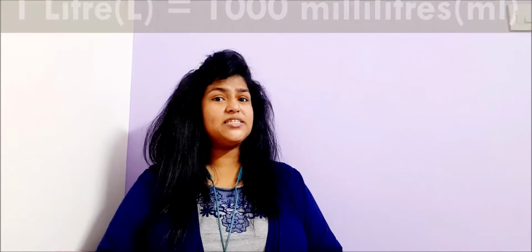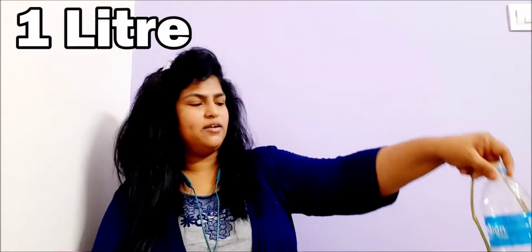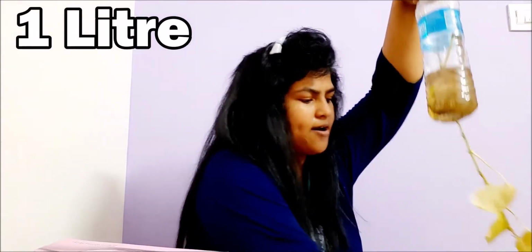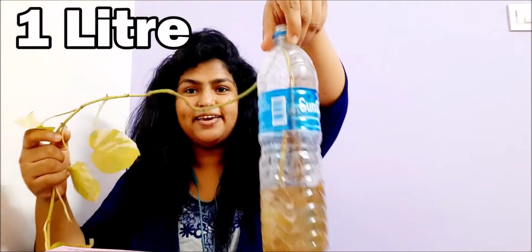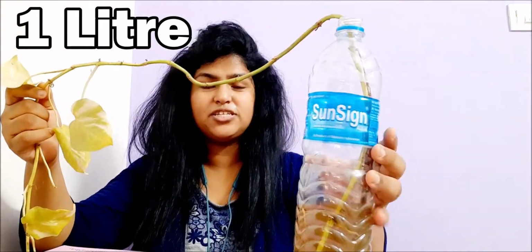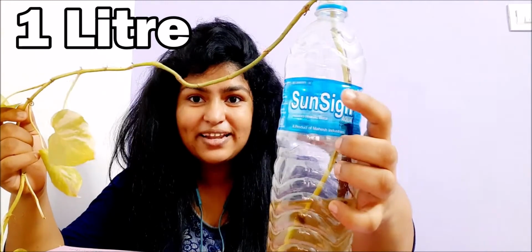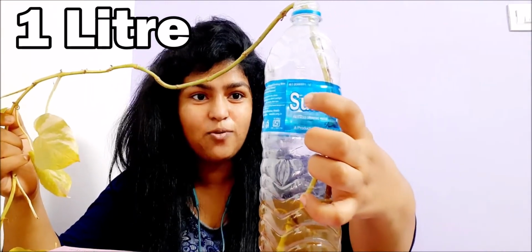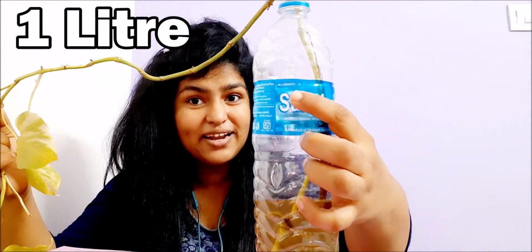Now let's try to understand what is the exact amount of volume or capacity that we are trying to find out. In your everyday items, let's pick out a few things. First, I'm going to pick out 1 liter. I picked up this bottle because the quantity of this water is 1 liter. Net quantity: 1 liter.